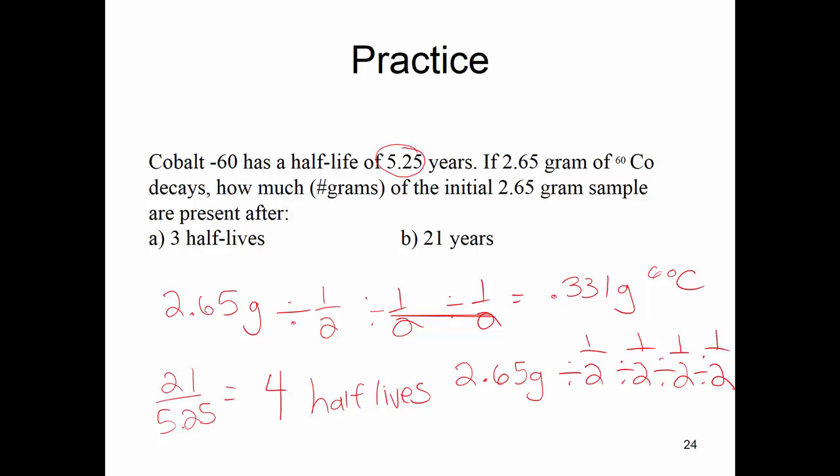We're going to divide by it 4 times. So take your calculator, put 2.65 divided by 2, divided by 2, divided by 2, divided by 2. So I divided by 2 4 times, and so I have 0.166 grams remaining after 21 years.